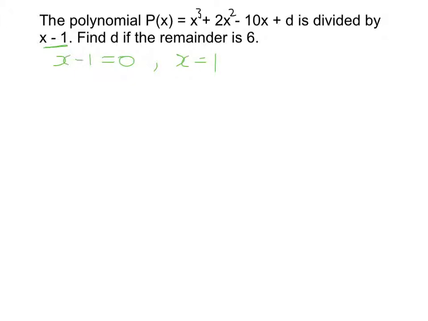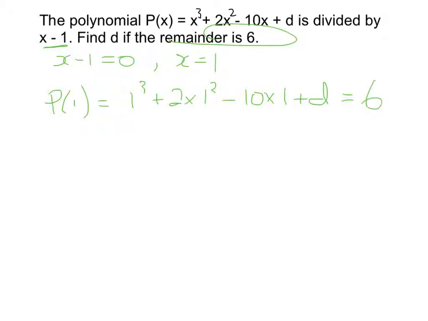We want to substitute x equals 1 into this equation. So p of 1 will be equal to 1 cubed plus 2 by 1 squared, take away 10 by 1 plus d, and we're told that the remainder is 6, so we set that equal to 6.